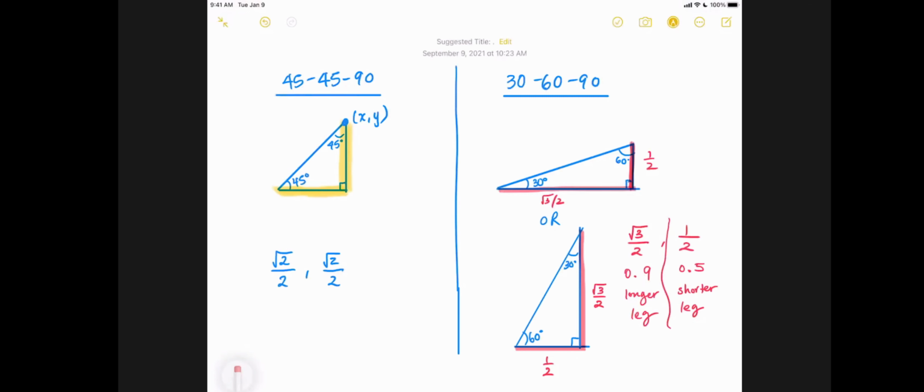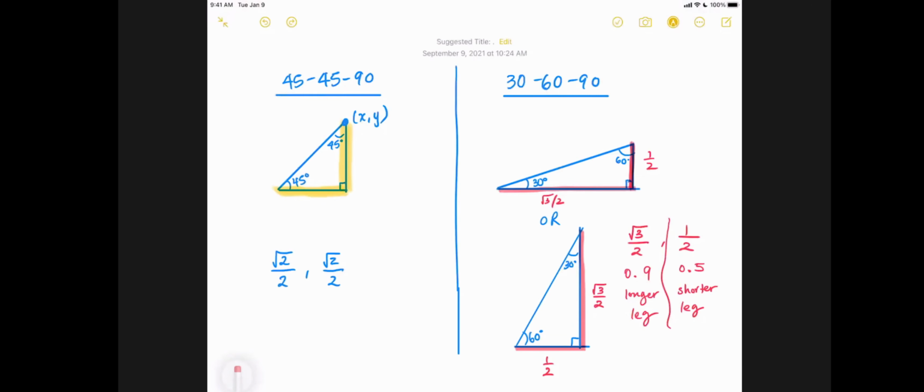The 30-degree angle is less steep than a 60-degree angle, so you can clearly see which leg is longer than the other. The longer leg gets the square root of 3/2 value, and the shorter leg gets the 1/2 value, because root 3/2 is a larger decimal value than 1/2.